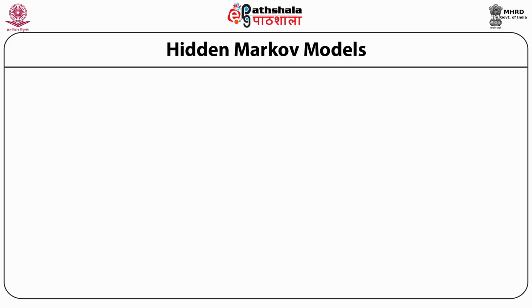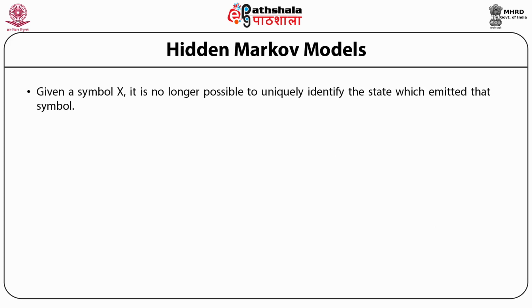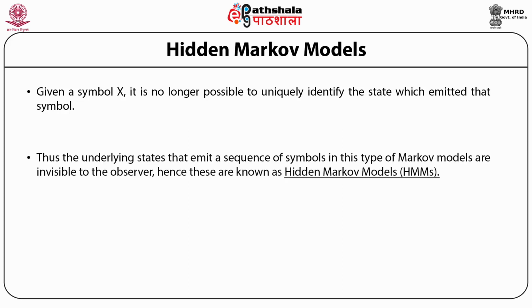Now, given a particular base, it is no longer possible in this kind of model to just identify whether it is coming from a CPG island or a non-CPG island. So in this kind of situation, the underlying state which is emitting the sequence of symbols is actually invisible or hidden from the observer. And hence, this sort of Markov model, we will call hidden Markov models or HMMs.